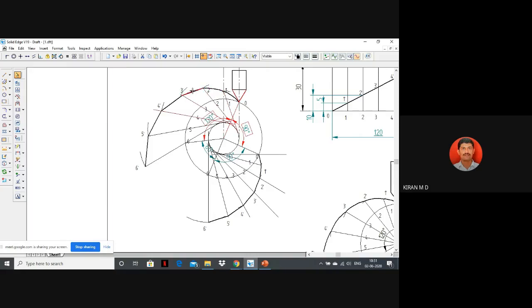Manually, when you're drawing only, you draw the freehand curve. So for these parts, you can directly go to arc by center point from this center to here. You can directly draw the line.